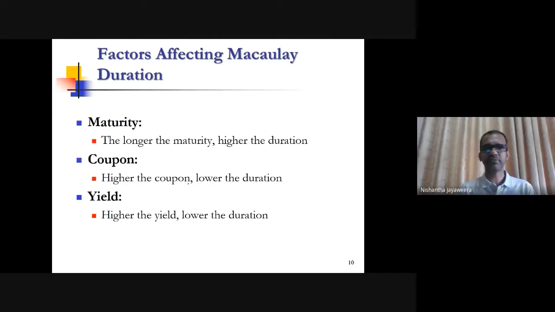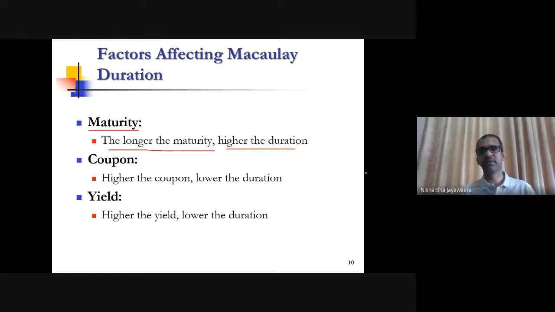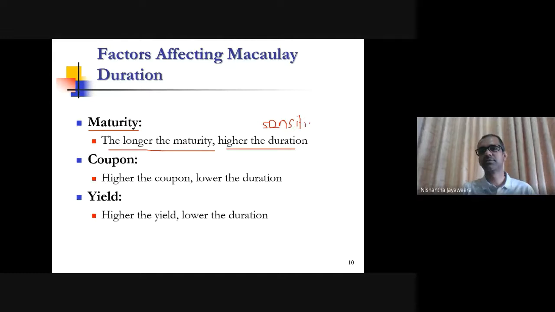However, the relationship is like this. The longer the maturity, the higher the duration. That means higher the sensitivity. When the duration is high, the bond is more sensitive to the change in interest rate.